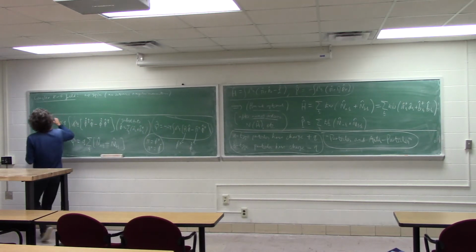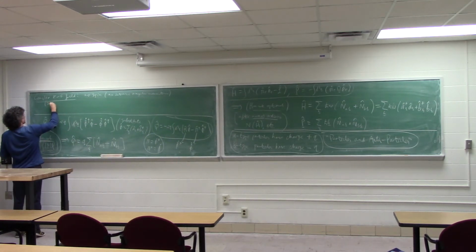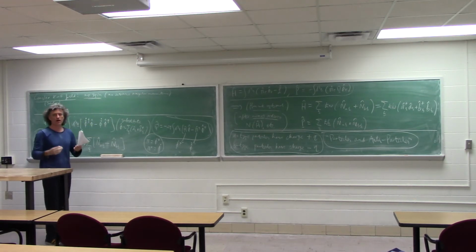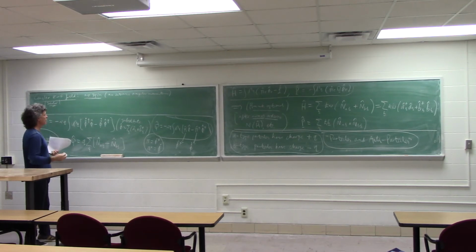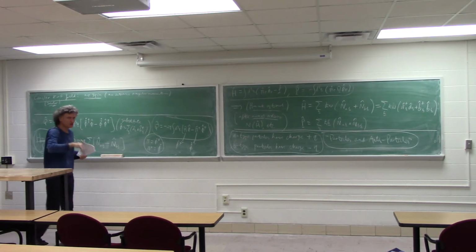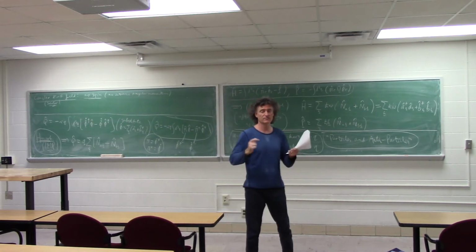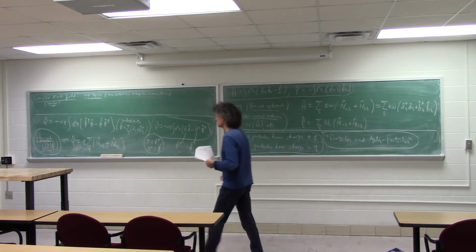This is a complex scalar. This is a scalar field. A scalar field has no spin. So the particle-like excitations here have no spin, but they do have charge because it's a complex field, and you can have positive and negative charged particles and antiparticles.